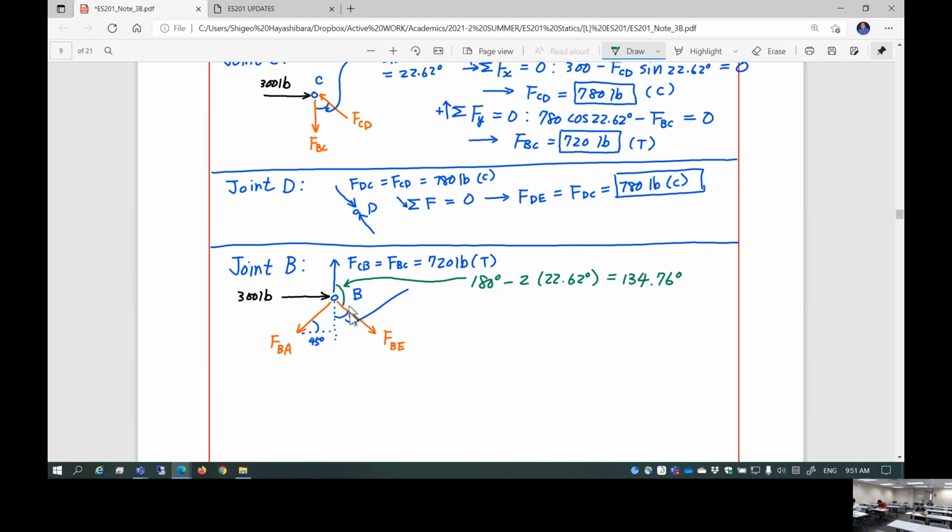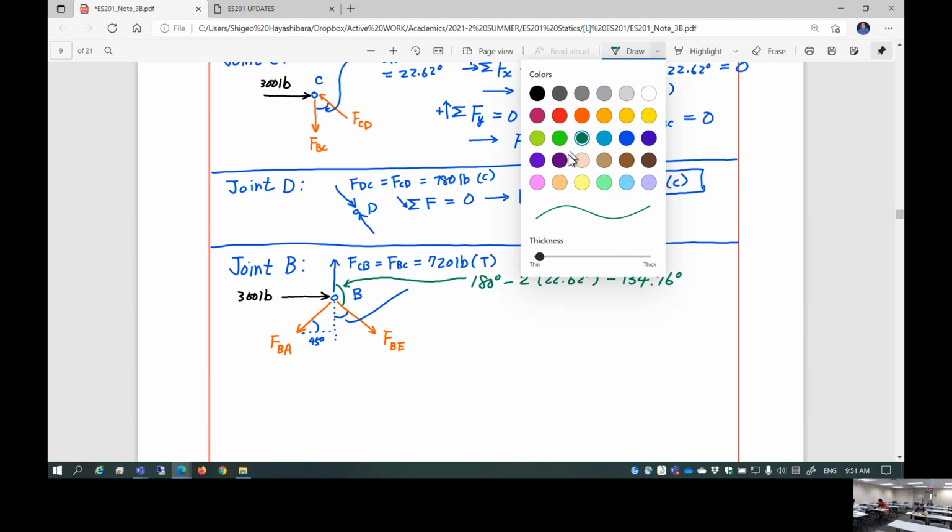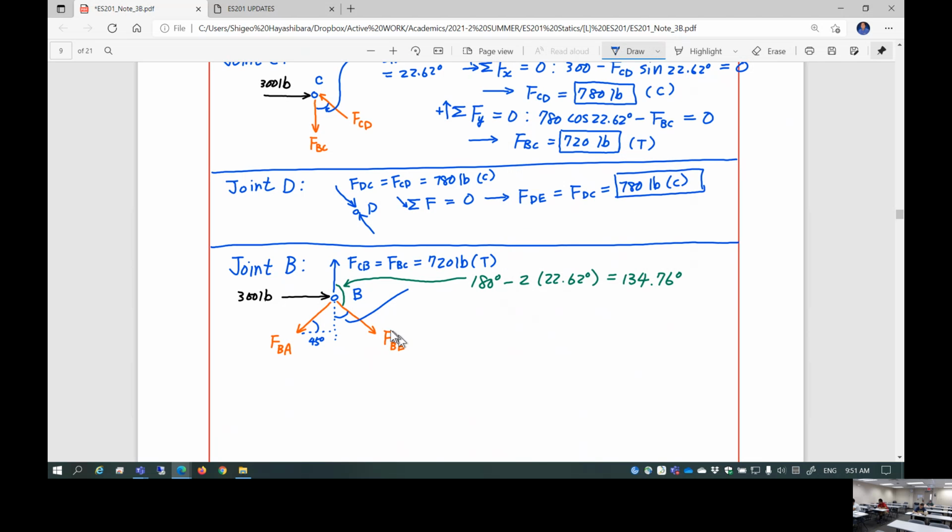Okay? So, as a result, this angle is, again, 180 minus that, 45.24 degrees. This is it.